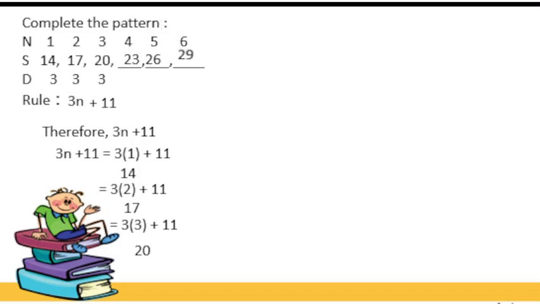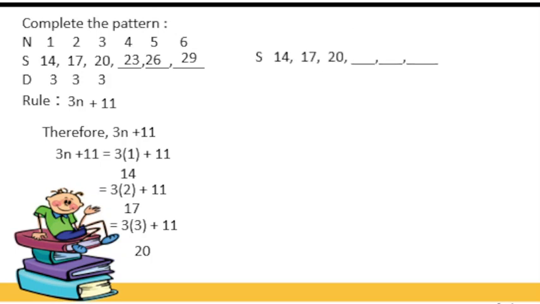Okay, so another method of solving this, instead of starting from 1 as our n, let's use another number. But the same given: we have the series 14, 17, 20, and we are looking for the next. They have the same given numbers, but they will differ only in the position of the number. So let's start from 5.